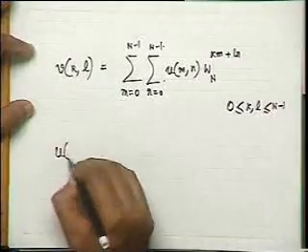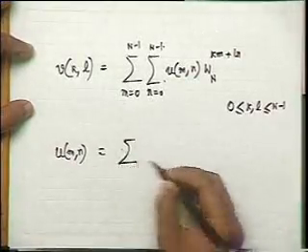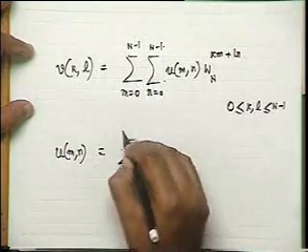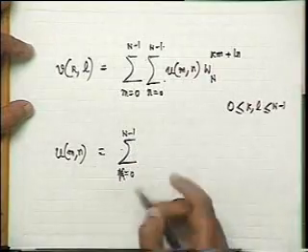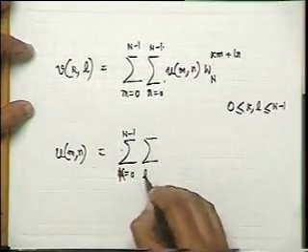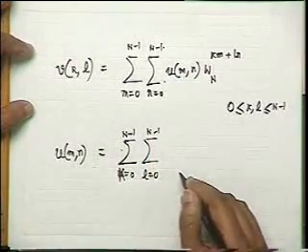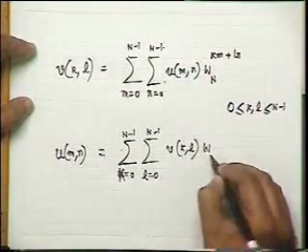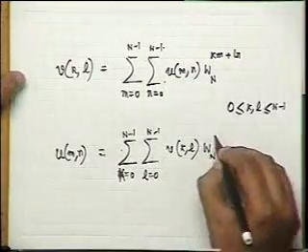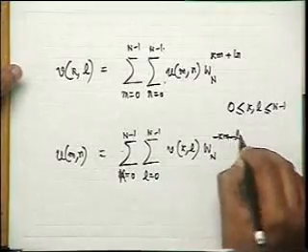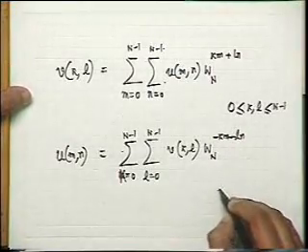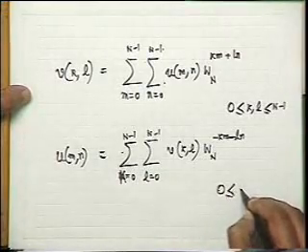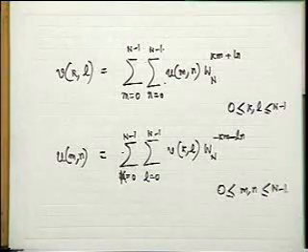They are defined as integers, but integers in the range of 0 to n minus 1, and u of mn is equal to summation k equal to 0 to n minus 1, l equal to 0 to n minus 1, and I have to do the summation over v k l, w to the base n raised to the power minus km minus ln, and the definition of the indices is 0 less than or equal to m, n less than or equal to capital N minus 1.